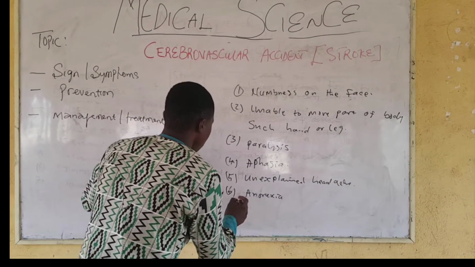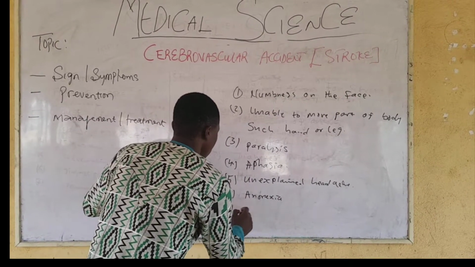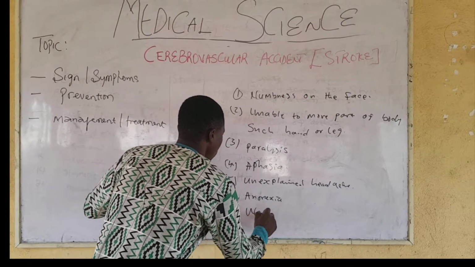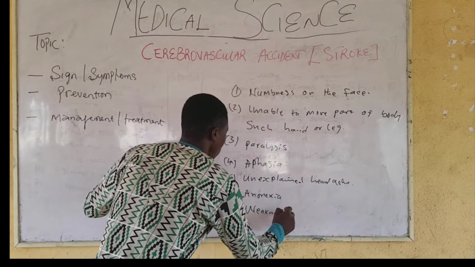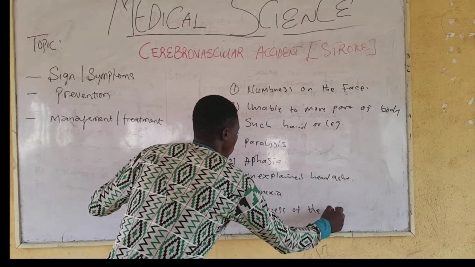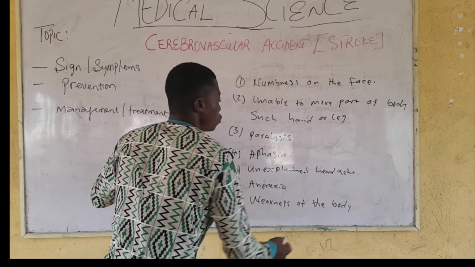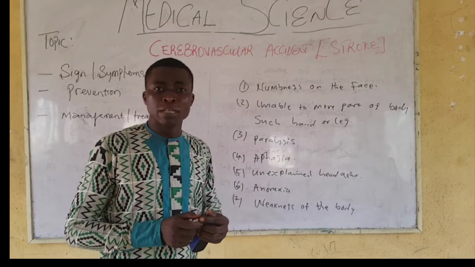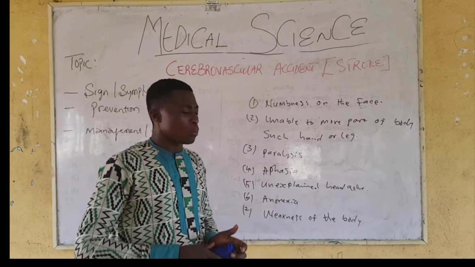Number 7, weakness of the body. So the person's body will be very, very weak. The person may not be able to stand up.